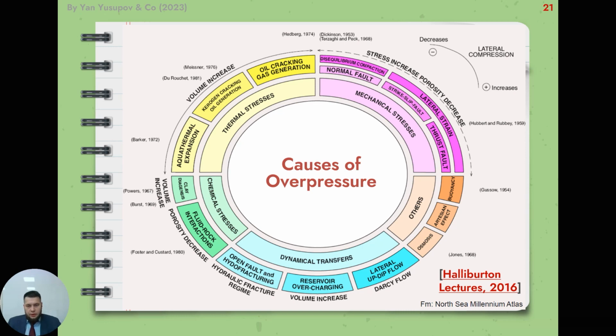They include thermal, tectonic, mechanical, dynamic, and chemical causes, and every cause includes sub-causes. Let's consider the basic causes of overpressure and underpressure in a future part of our lecture.